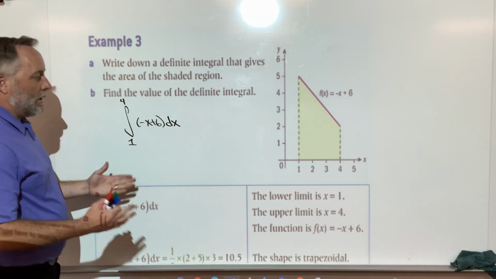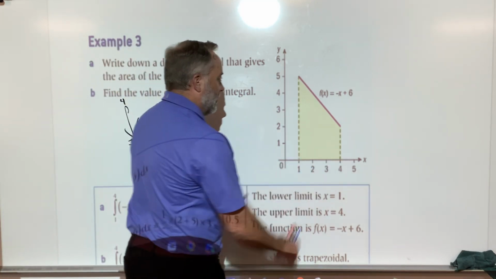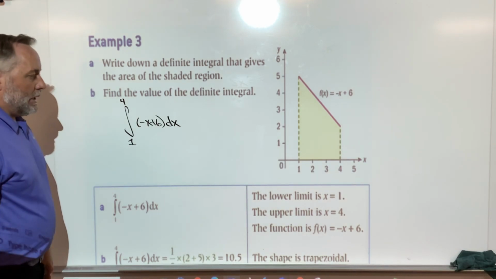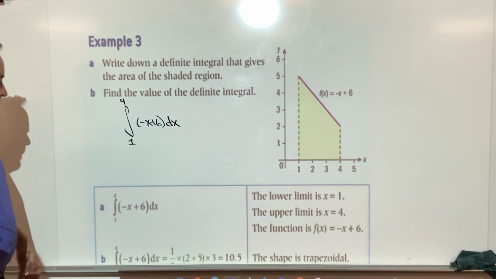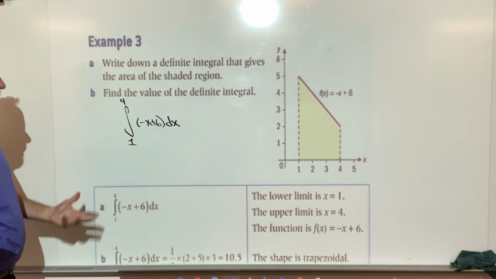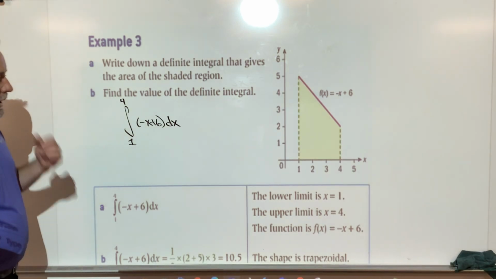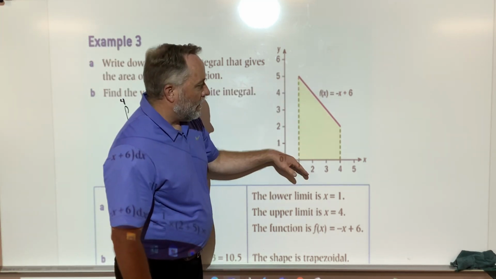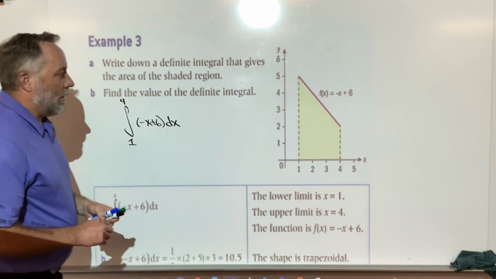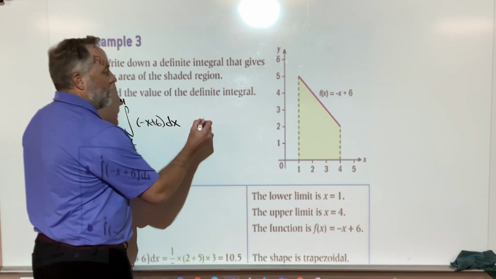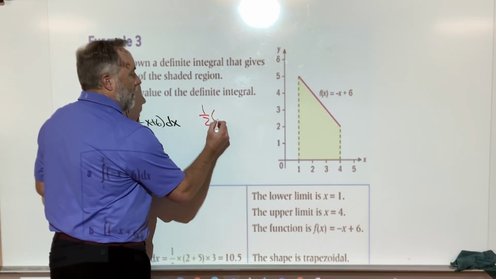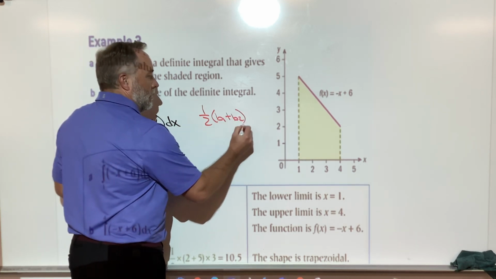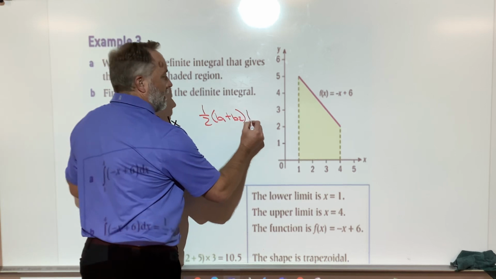The definite meaning it's defined on certain values a to b. In 13.2, we'll see indefinite. So that's what it is we're asked to do. For now, the way that they want us to view this is a trapezoid, and the formula to find the area of a trapezoid is 1/2 the two bases, sometimes labeled base 1 and base 2, times the height.